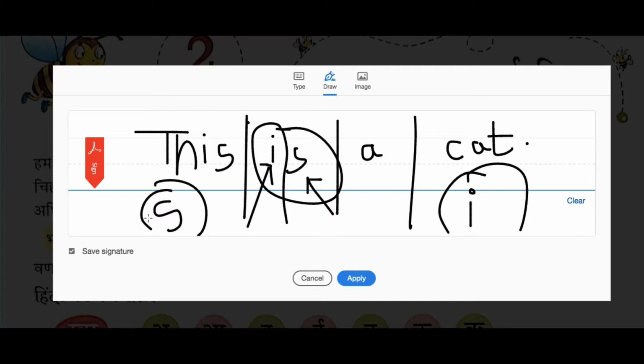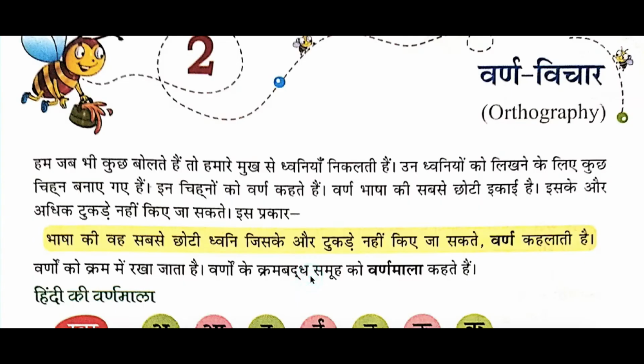This letter S is the smallest unit which you can't divide. You can divide "this is a cat" in four parts, you divided "is" in two parts, but you can't divide this I or S. So I hope it's clear.